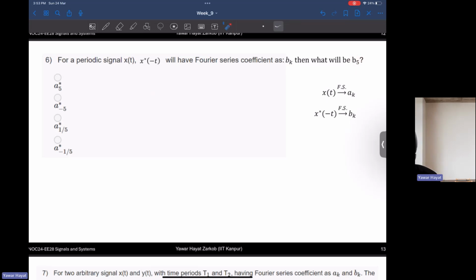So bk at k equal to 5. That is what you need to determine. But you need to determine it in terms of these aks, right? So you need to find a relation that will hold good.